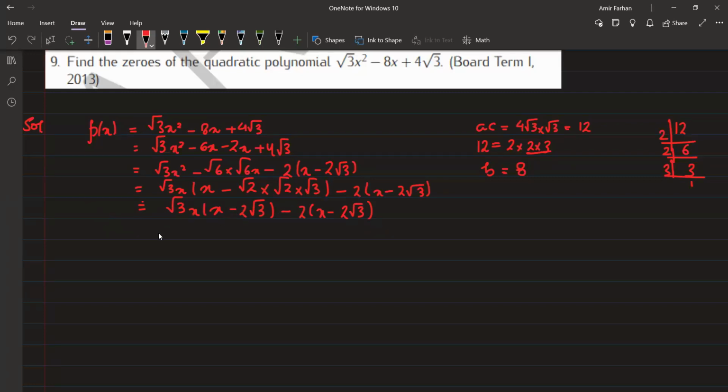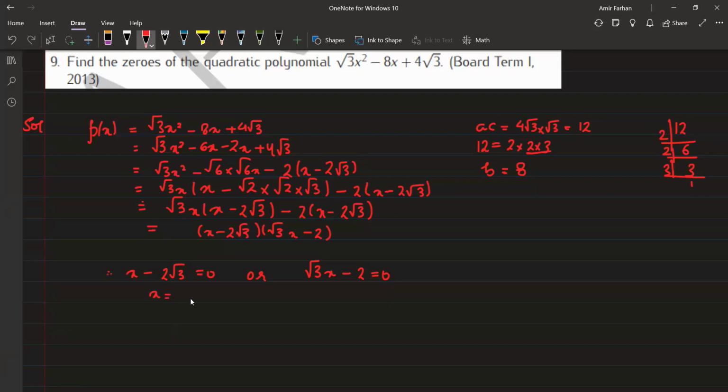Just take x minus 2 root 3 common, you will get root 3x minus 2. If you want to calculate the zeros of this polynomial, just equate it to 0. x minus 2 root 3 equals 0, or root 3 x minus 2 equals 0.